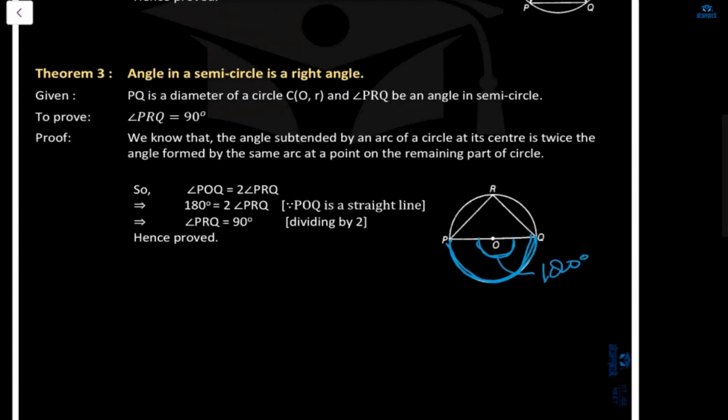Now this angle is at any point of the circle, so it will be half of the angle at the center, half of angle POQ, which is half of 180 degrees, equal to 90 degrees. So you have to remember that the angle subtended by the diameter, or angle in a semicircle, is always a right angle.